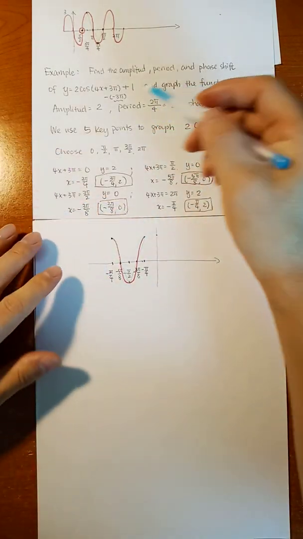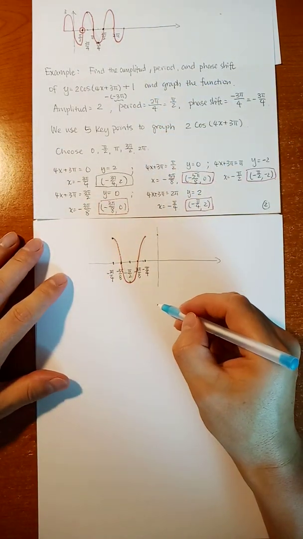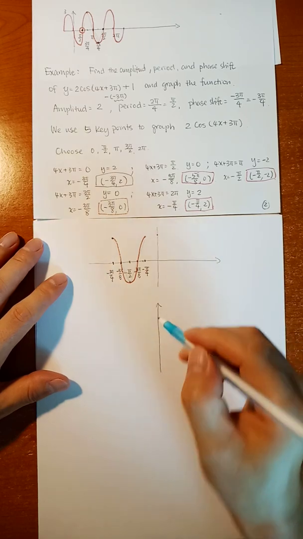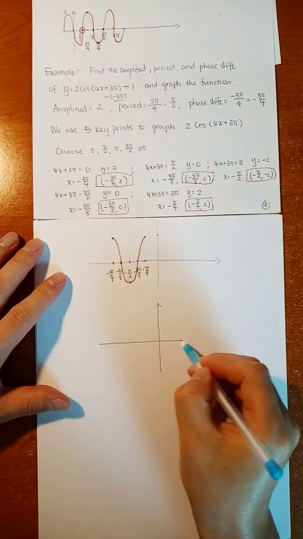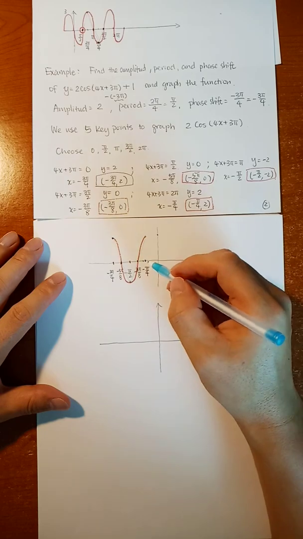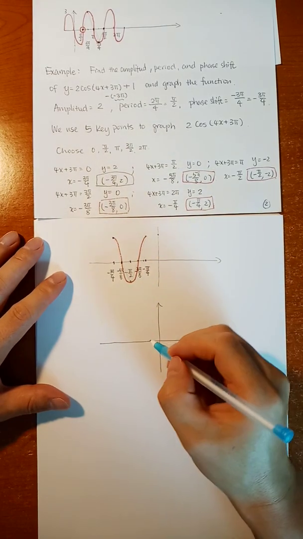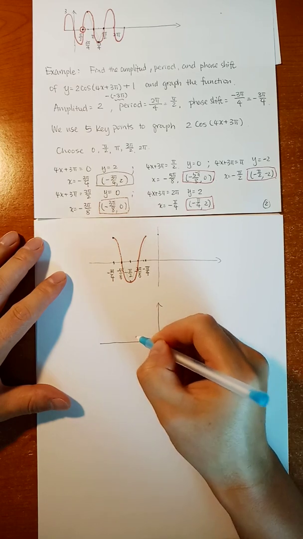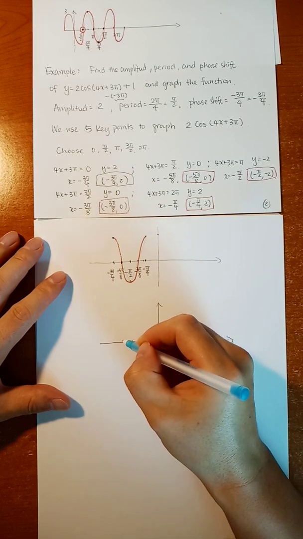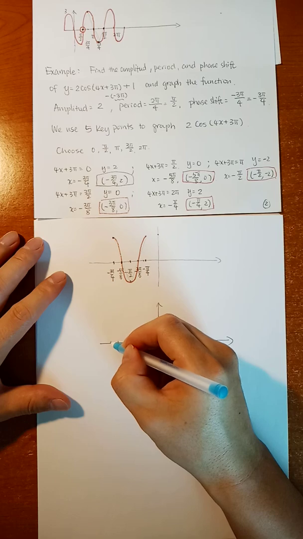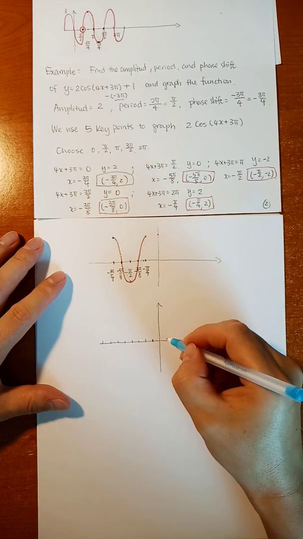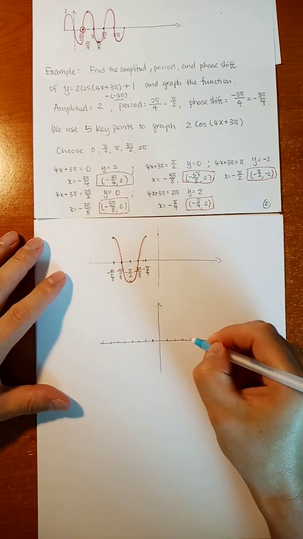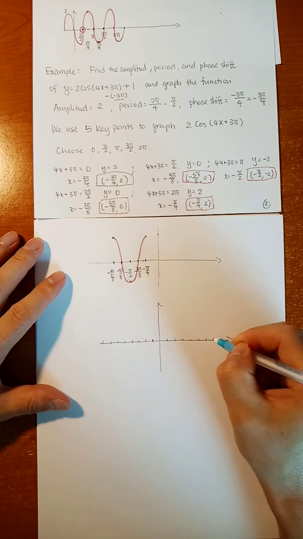You're going to lift it 1 unit up. Let's see what this is. We have to divide it into 8 pieces: 1, 2, 3, 4, 5, 6, 7, 8.